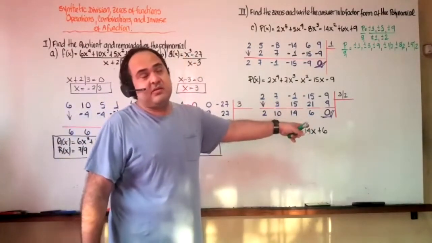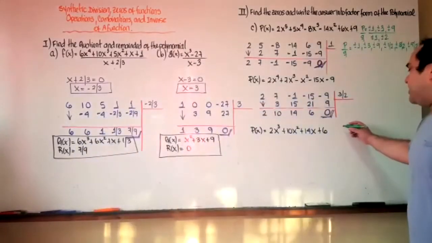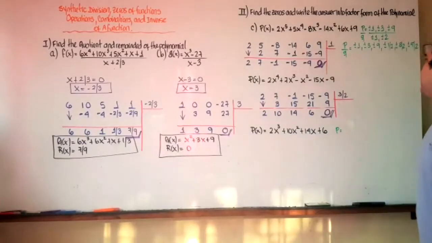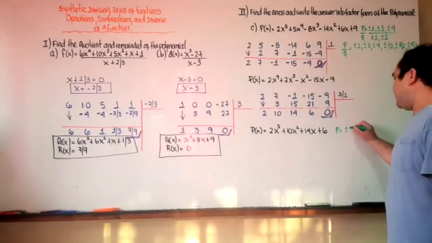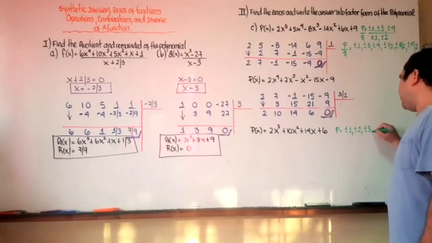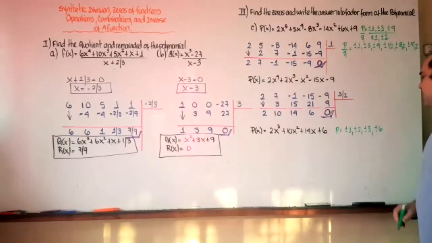But because this time the first number is 2 and the last number is 6, the p and q factors will change. The new p factors, we're talking about the multiples of the number 6, and that will be plus or minus 1, plus or minus 2, plus or minus 3, and plus or minus 6.